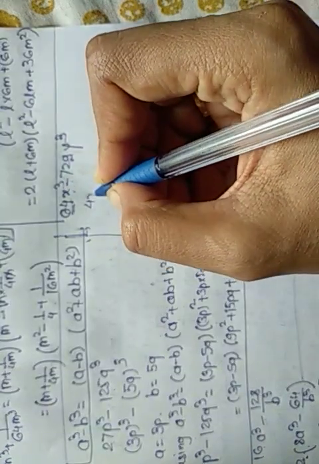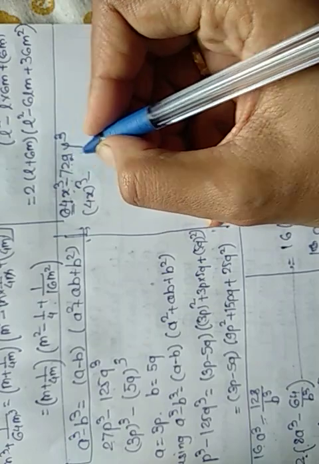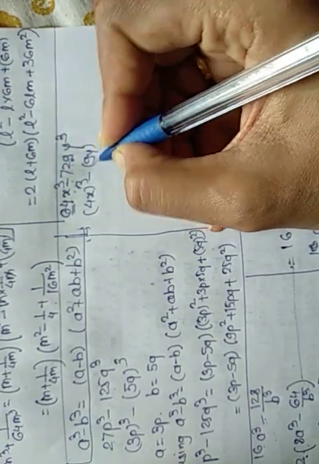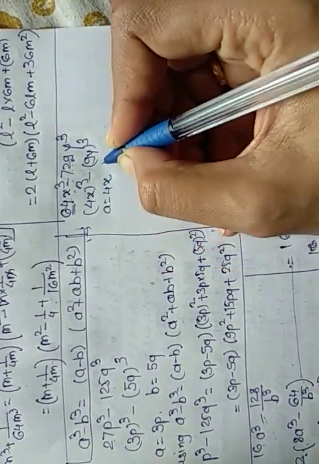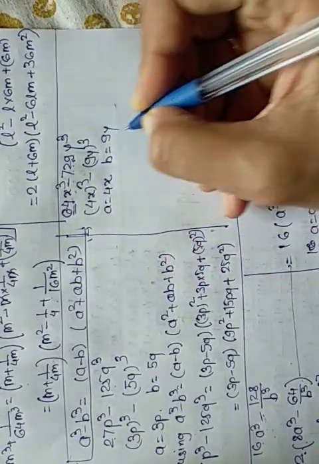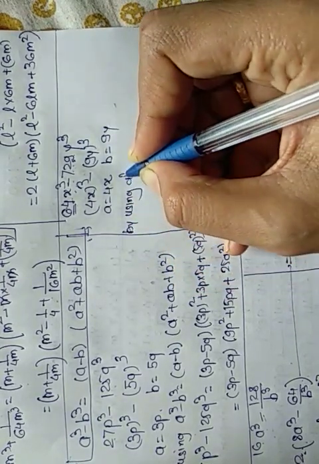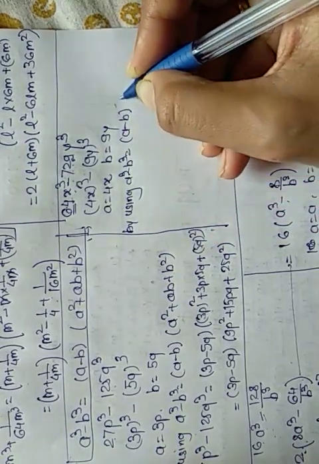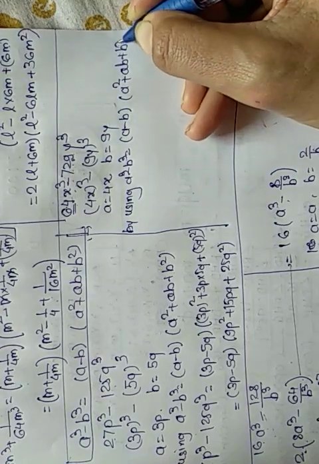So here (4x) cube minus (9y) cube. So the value of a is 4x and the value of b is 9y. By using the formula, a cube minus b cube is equal to the first bracket (a minus b) and another bracket (a square plus ab plus b square).